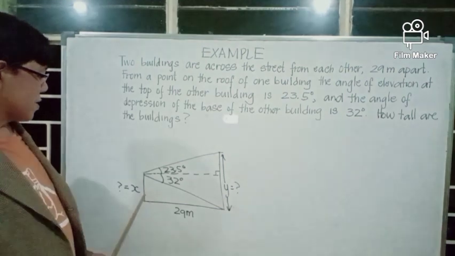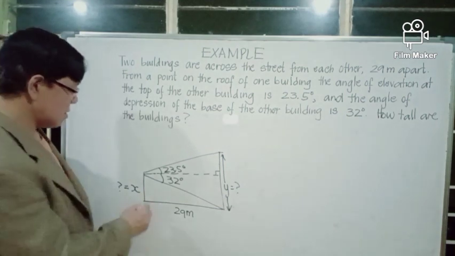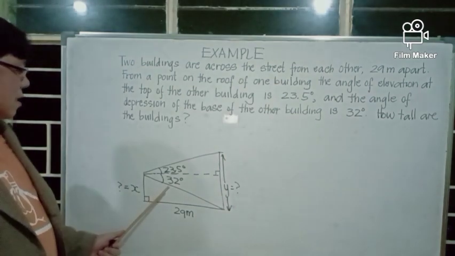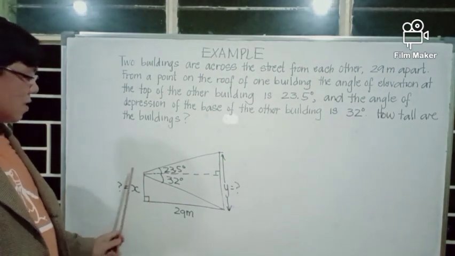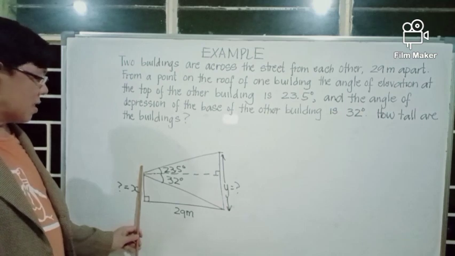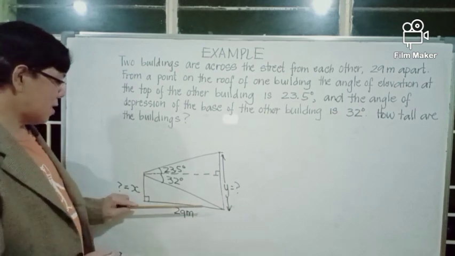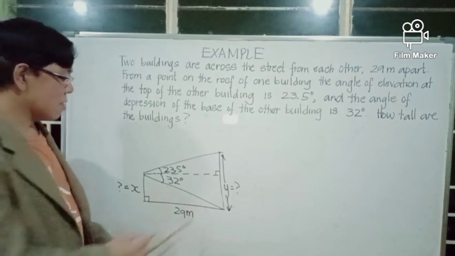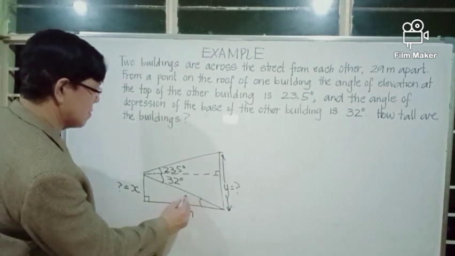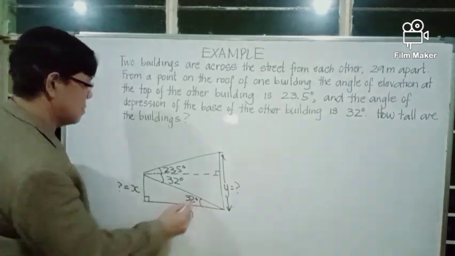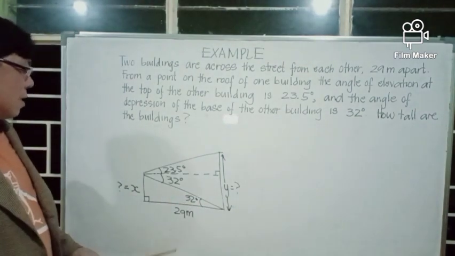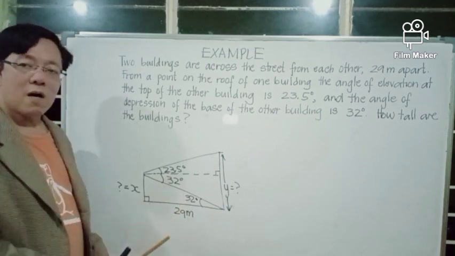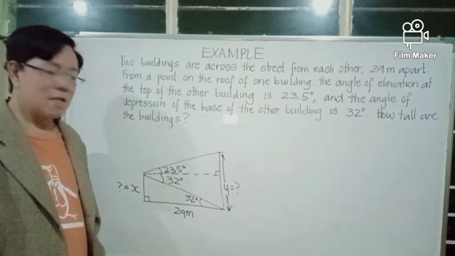We have a right triangle. This is a right angle, because the building is standing perpendicular to the level ground. Now, this angle is also 32 degrees, because this angle and this angle are alternate interior angles.